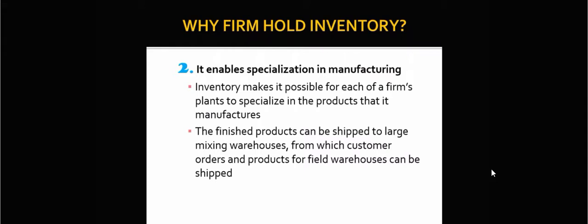So maknanya dia tahu apa keperluan dalam produk tu yang dia nak hasilkan lah. So the finished product can be shipped to large mixing warehouses from which customer orders and products for field warehouses can be shipped.